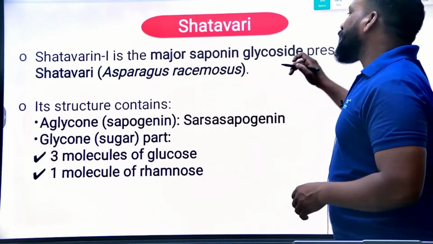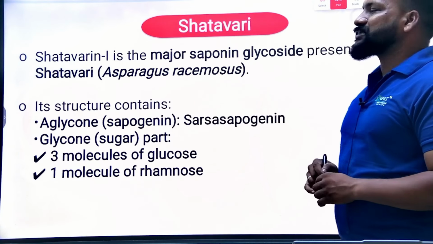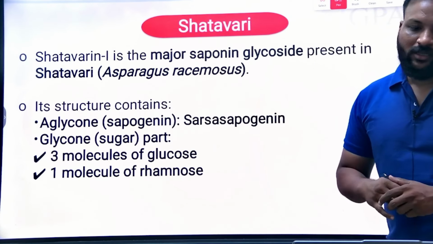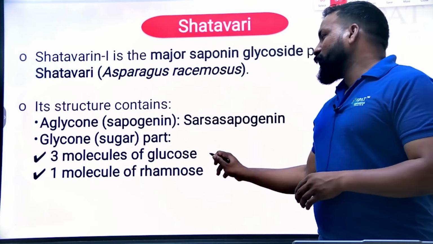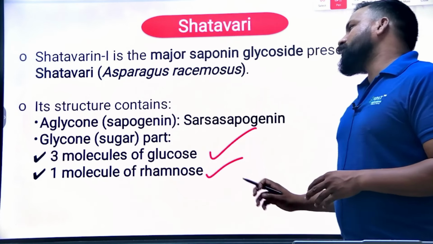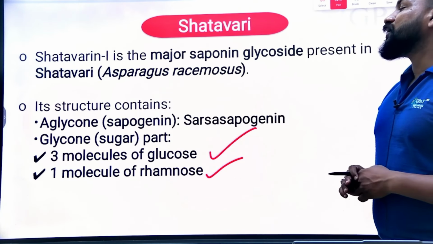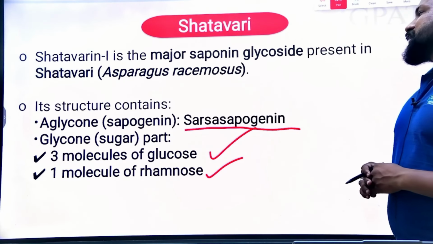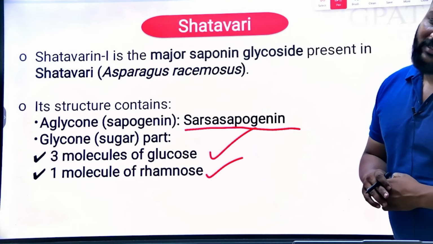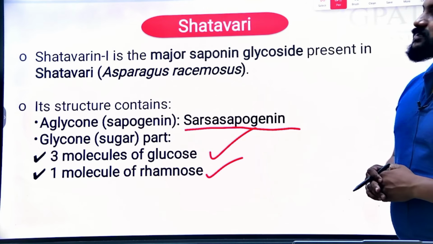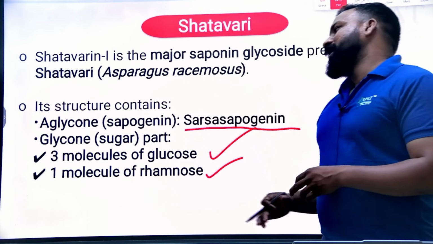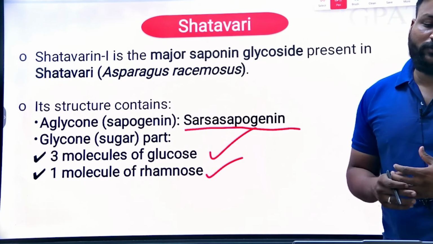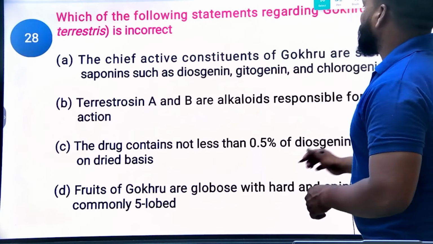Shatavarin 1 is a major saponin glycoside present in Asparagus racemosus. Its active aglycone molecule is sarsasapogenin. Clear? The sugar moiety contains 3 moles of glucose and 1 mole of rhamnose.